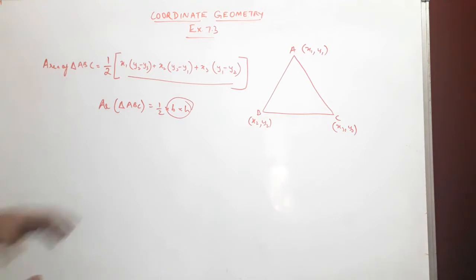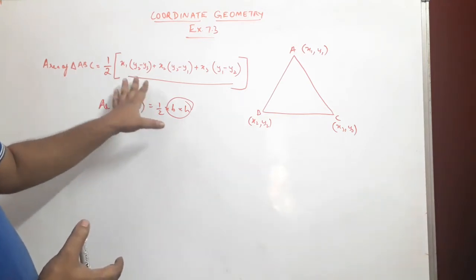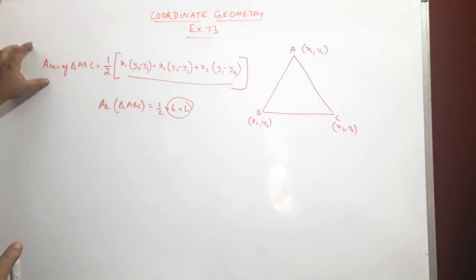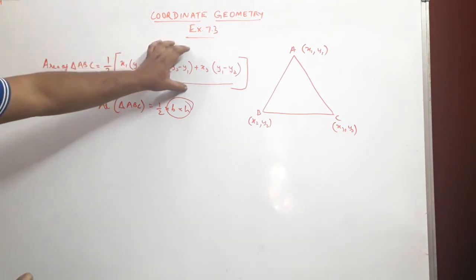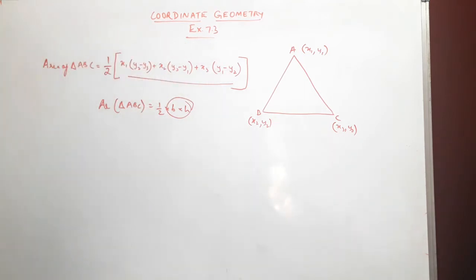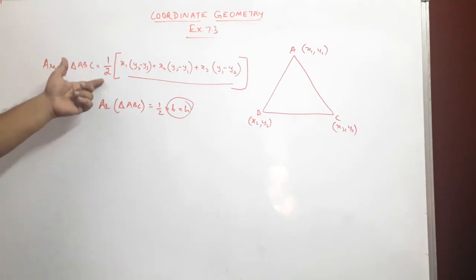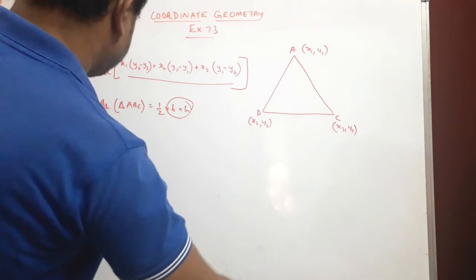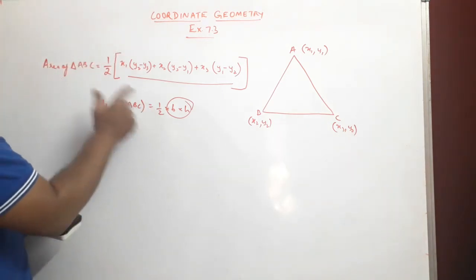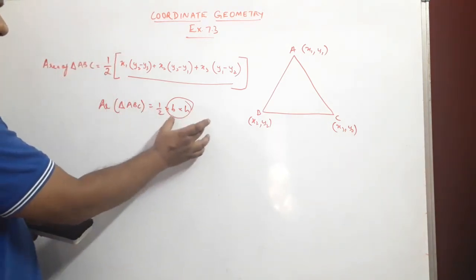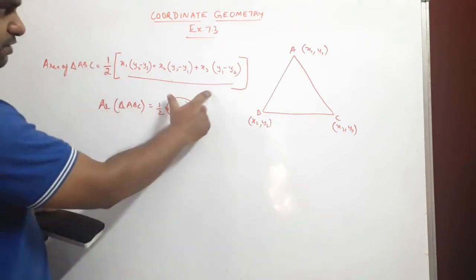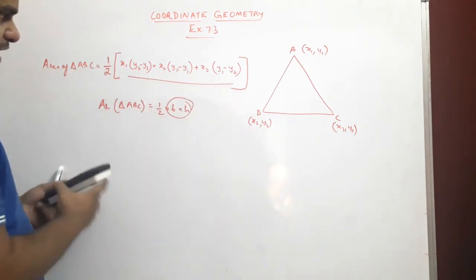Now how from here it comes here, that I will not be showing here, because you just need to know the formula and apply the formula to find out the area for triangle in coordinate geometry. So let's just focus on that, and that's how you get this half. Actually, the reason why I told you half base into height is because of that reason we have this height. The base into height comes within this bracket.